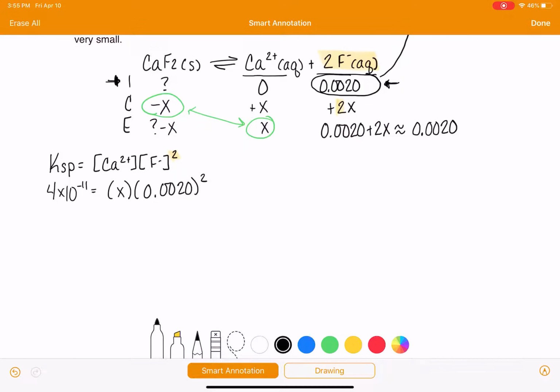Now we need to solve for X. 4 times 10 to the minus 11 divided by 0.002 squared gives us an X of, I feel like I definitely did something incorrect there. I need to try that again.